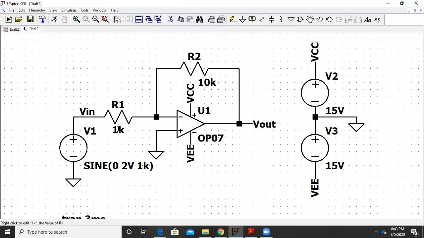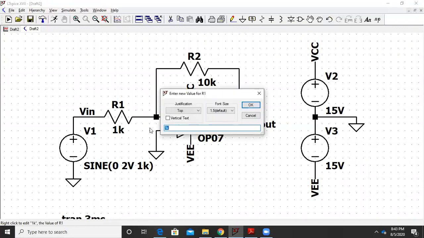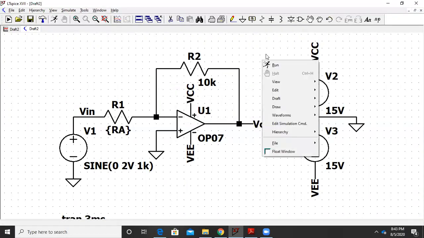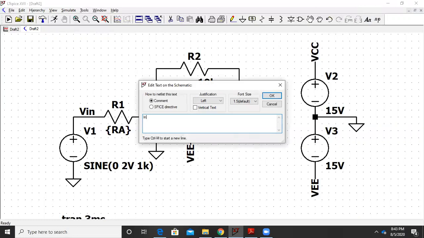So this is my R1. What we have to do is the parametric sweep. I will connect it like this. Let me rename it as RA. Let me write the heading.